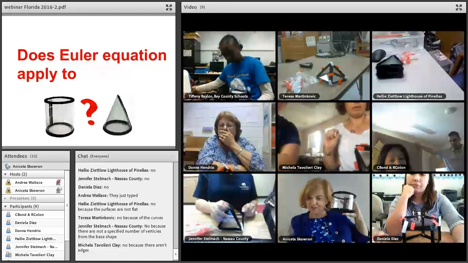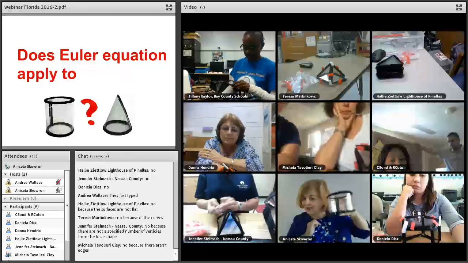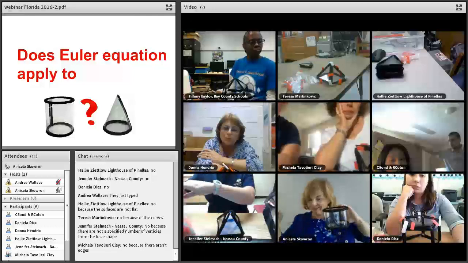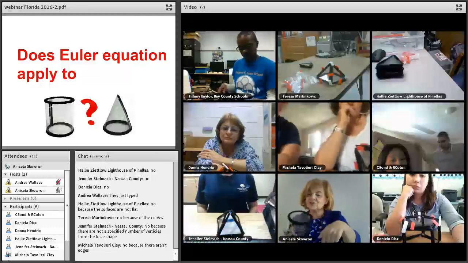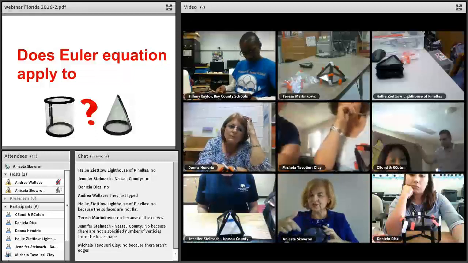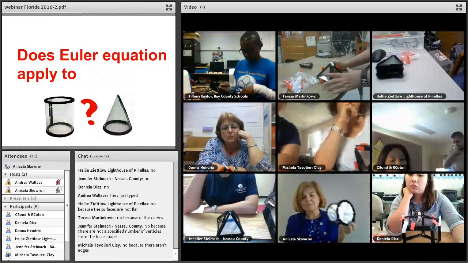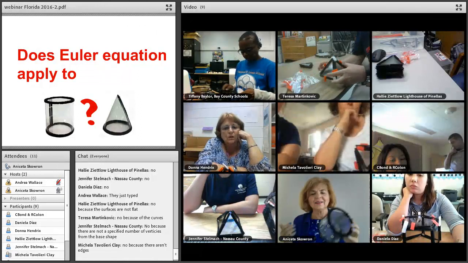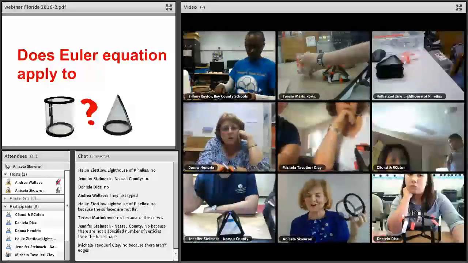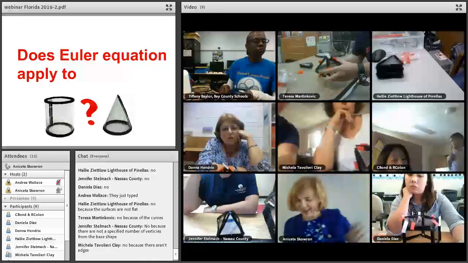The cylinder is not a polyhedron because it doesn't have polygons, it doesn't have sharp-cornered shapes for the faces. A circle is not a polygon. That's why it doesn't apply. Also, it's curved because it goes around the circle. So that's how it goes. Okay, good answer.